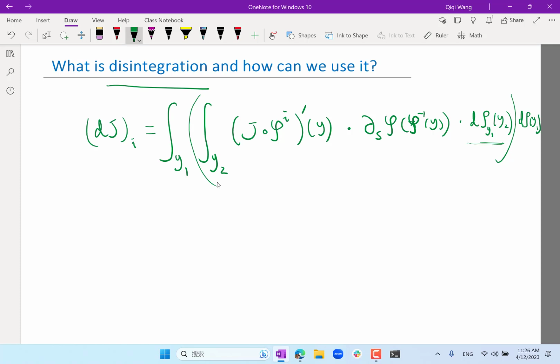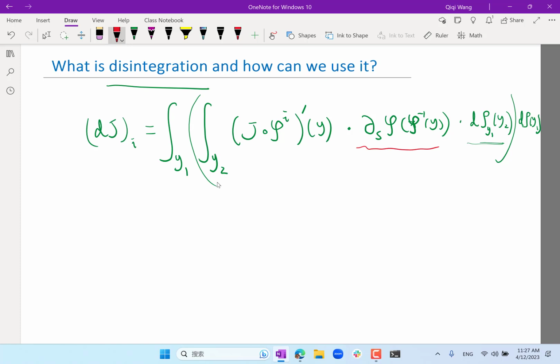Okay, any questions on this part? Okay, now let's figure out how we use this integration. Let's first consider the case where our perturbation is purely on the unstable direction.